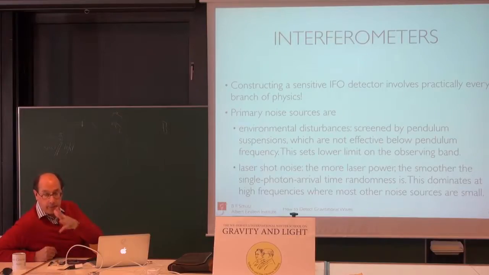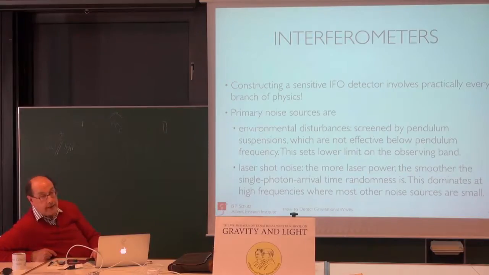Even in a perfectly stable interference pattern, you'll have these little fluctuations. And that sets a noise limit. That's called laser shot noise. That dominates at the high frequencies, and I'll show you some examples of that. But if you understand these two kinds of noise, you understand the sensitivity of gravitational wave detectors pretty much.